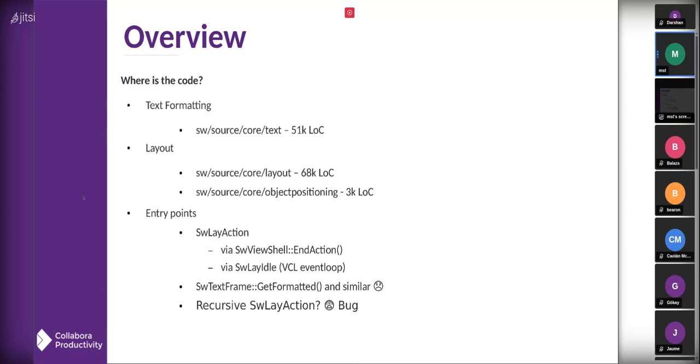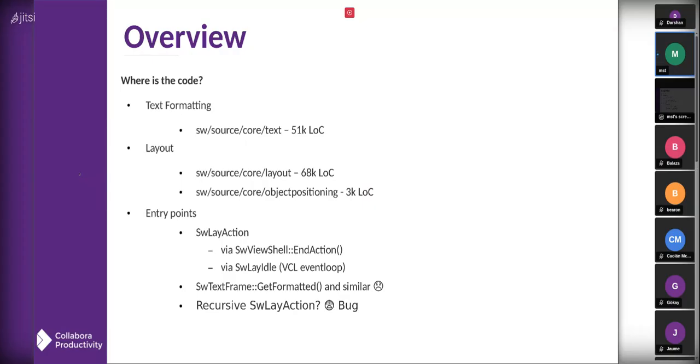And there are two common ways how this SwLayAction is created. First, via the ViewShell EndAction function, which is called basically every time the user does some sort of edit to the document.